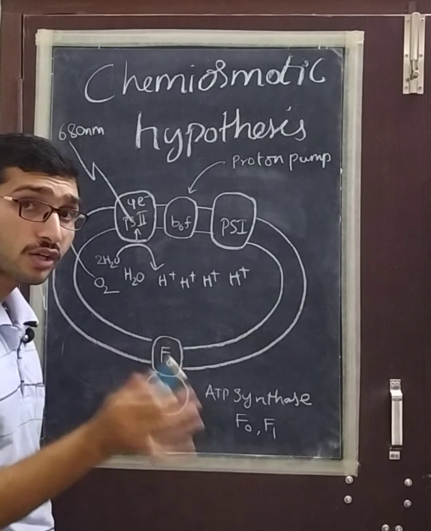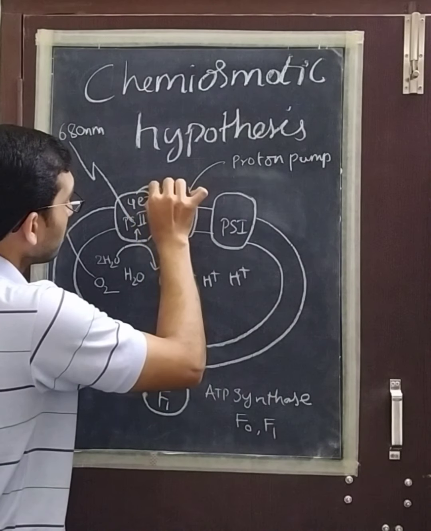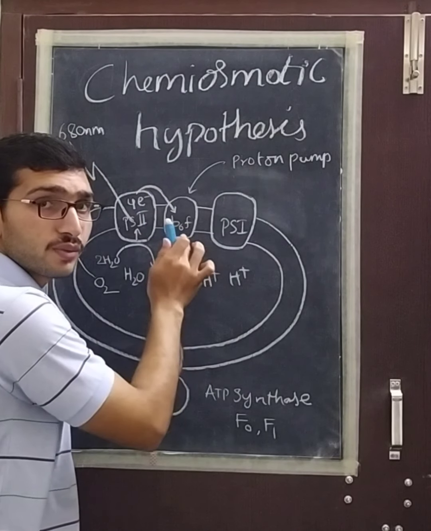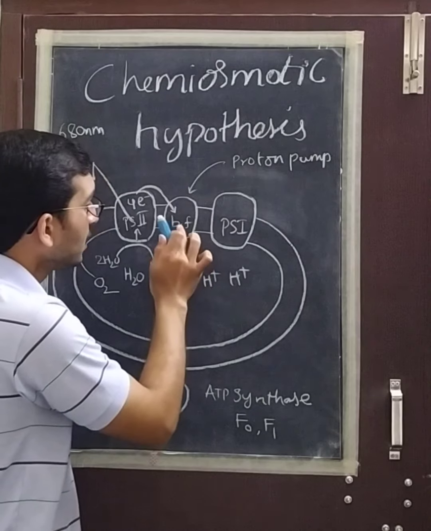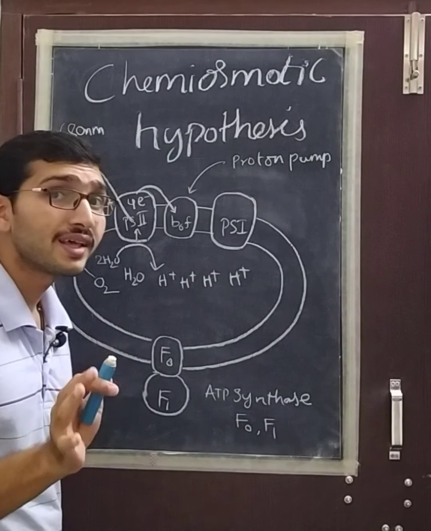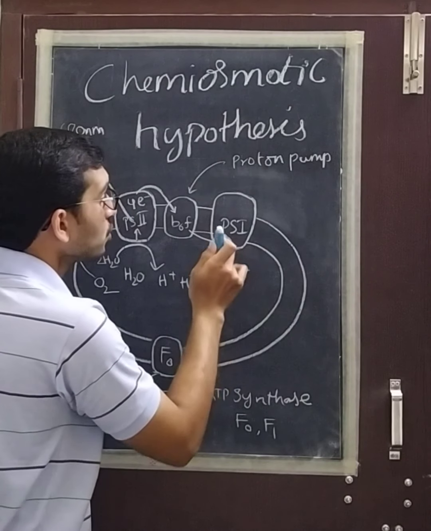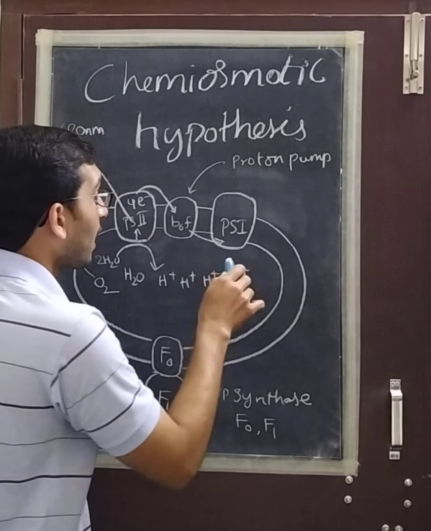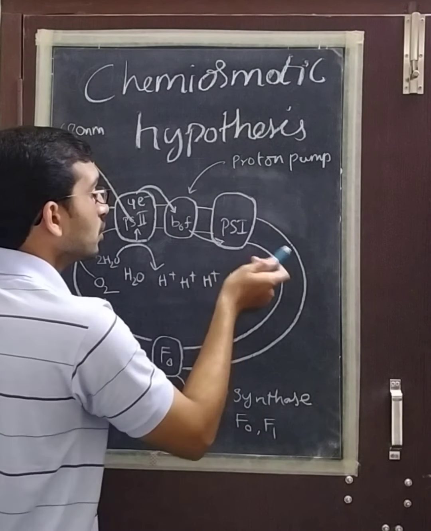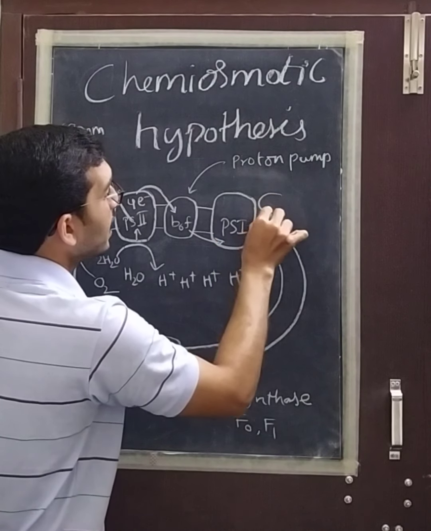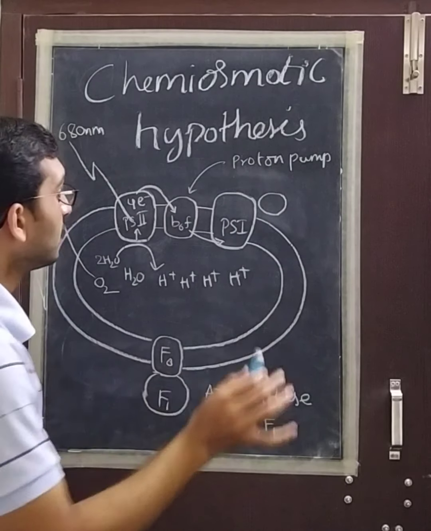The electrons will be sent to the electron transport chain, which consists of a cytochrome.